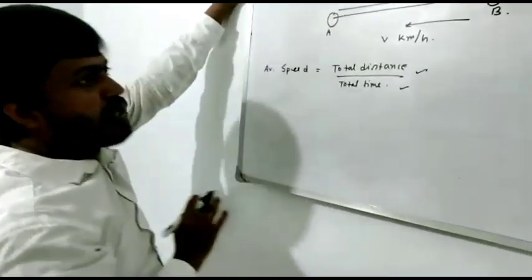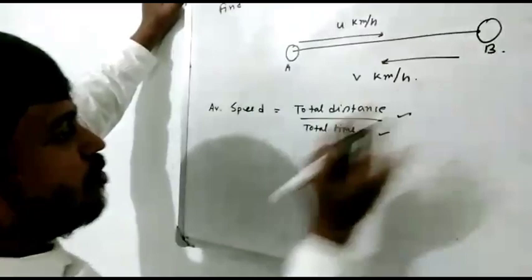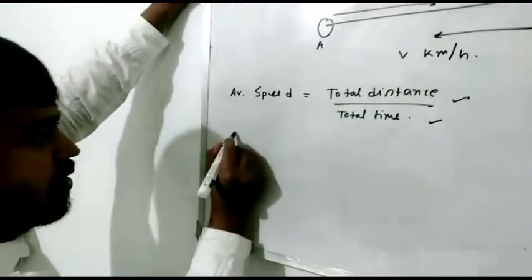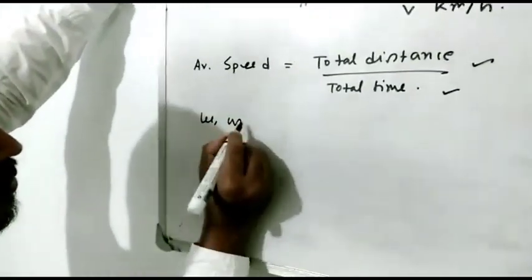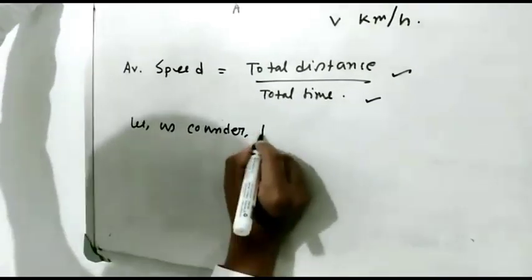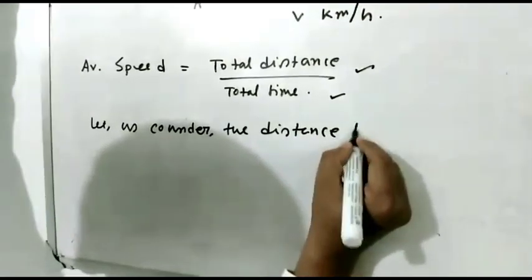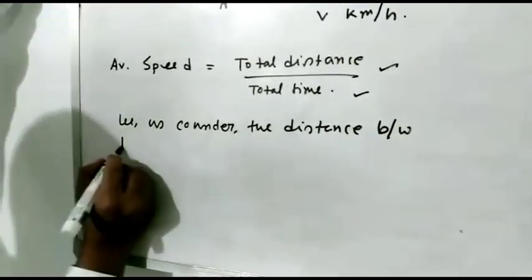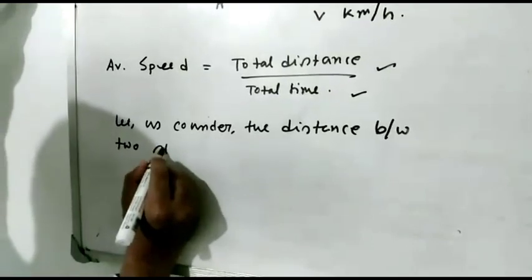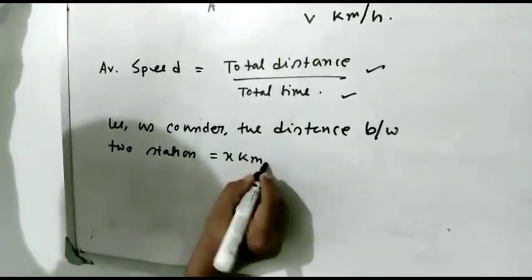Okay, so that's why students, we can consider that the distance between the two stations will be x kilometer. Let us consider the distance between two stations equal to x kilometer.